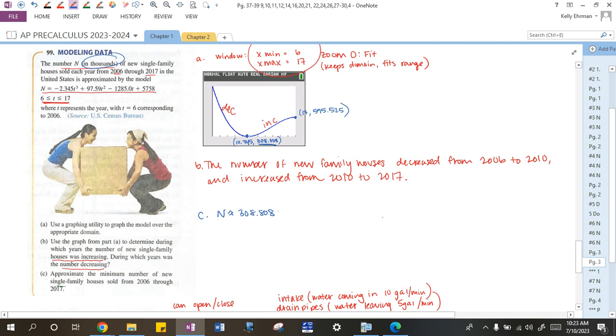So you can either say 308.808 thousand houses, or you could multiply by 1,000 and just say 308,808 houses. You just wouldn't say thousand after that. So either keep the decimal and label it thousands of houses, or multiply by 1,000.